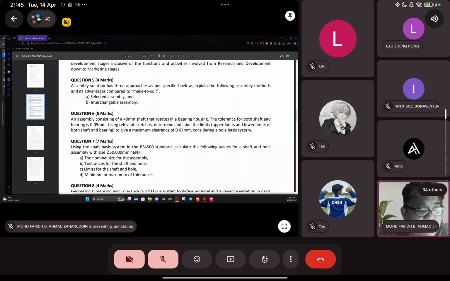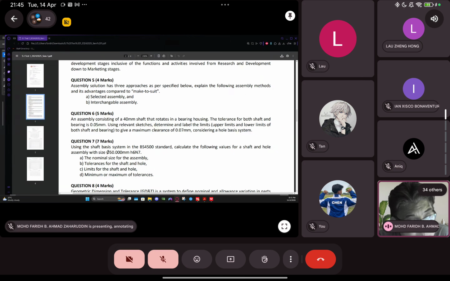Okay. If you look at this question, if they ask you, for example, norm size, tolerance for the shaft and holes, I don't know why they said minimum and maximum. Maybe because sometimes in the question they do the asking in the wrong way.